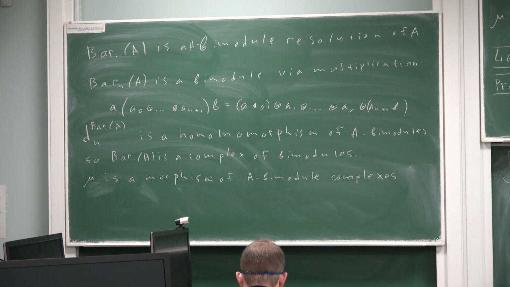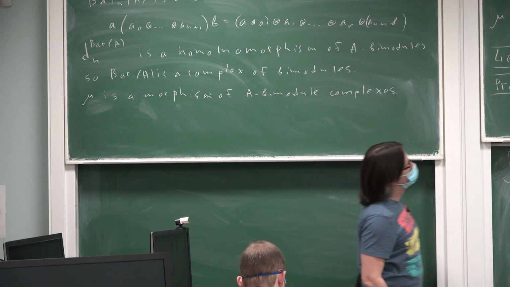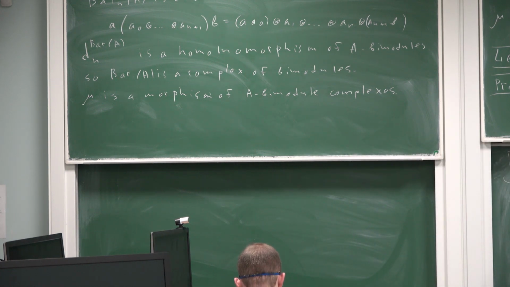All of this is not very difficult to check. If you multiply a by something on the left, ab is multiplied by the same thing on the left, and so on.